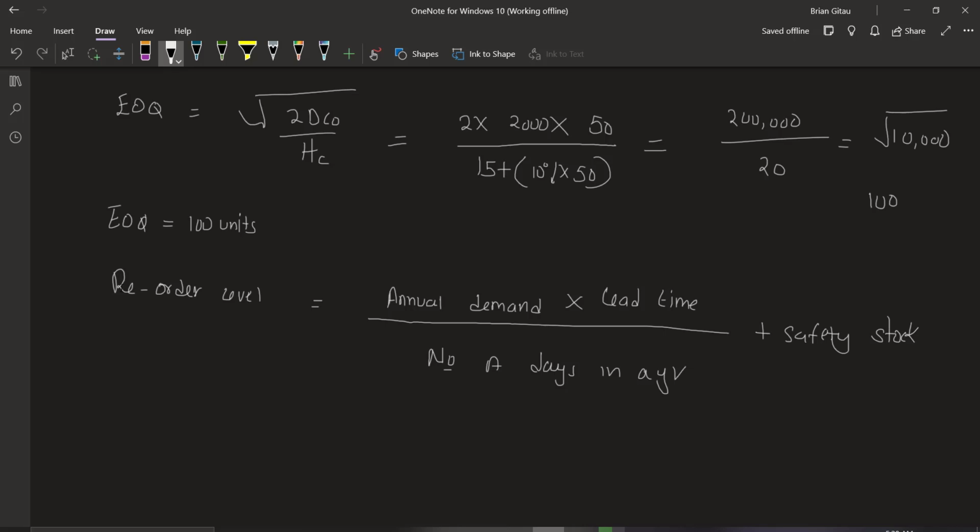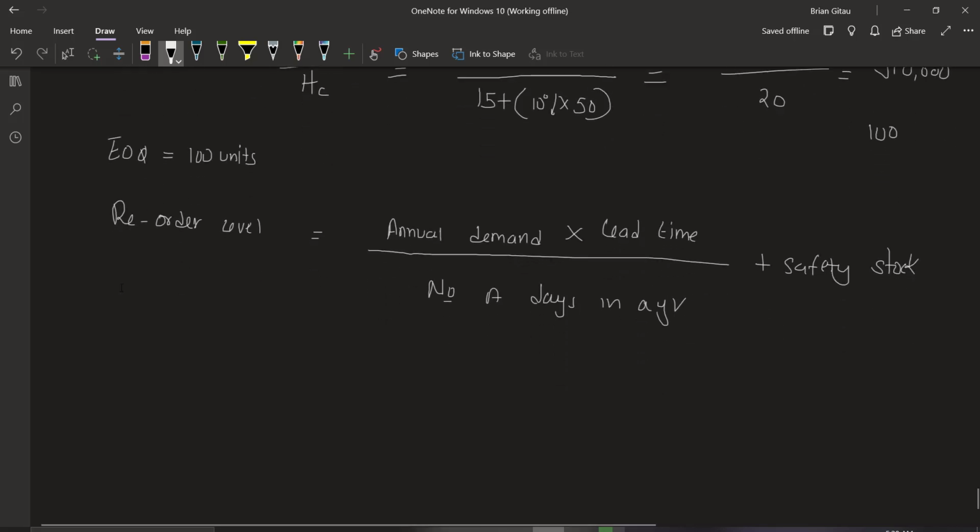That is our formula for getting the reorder level.